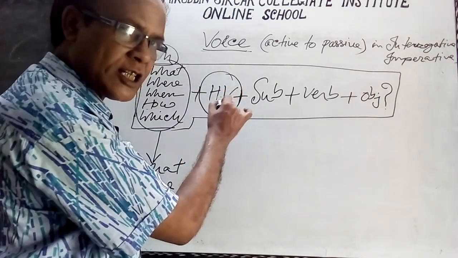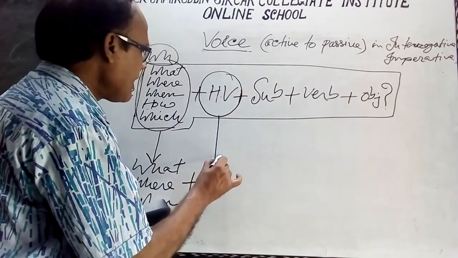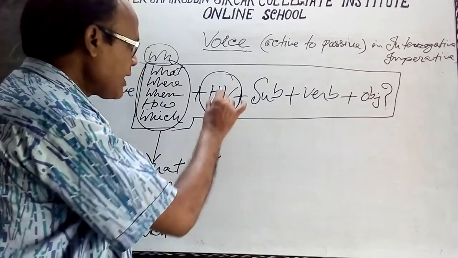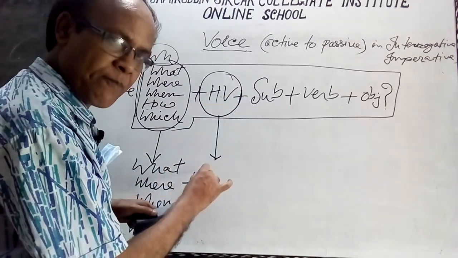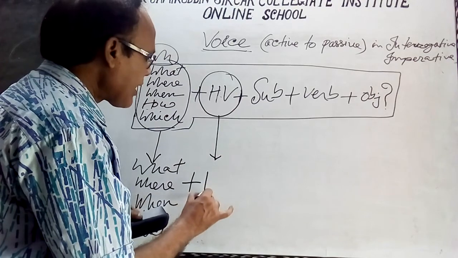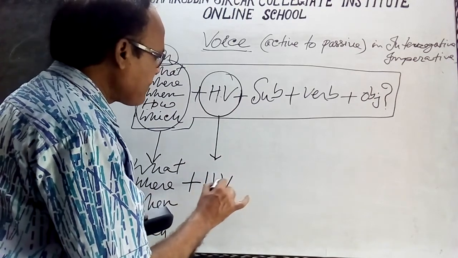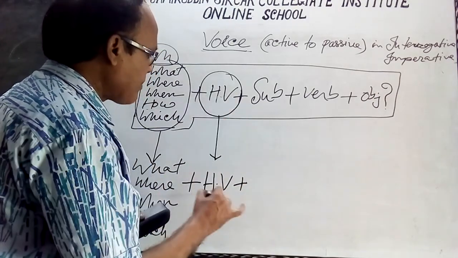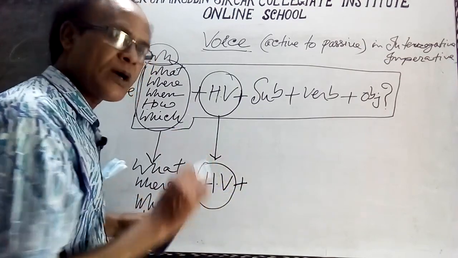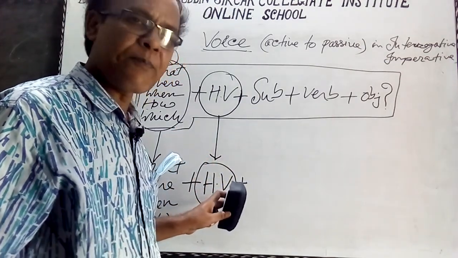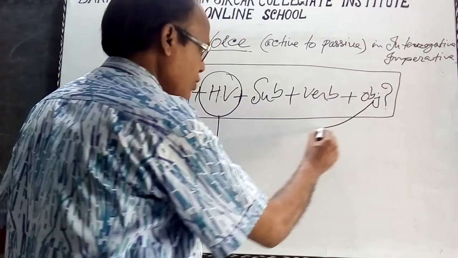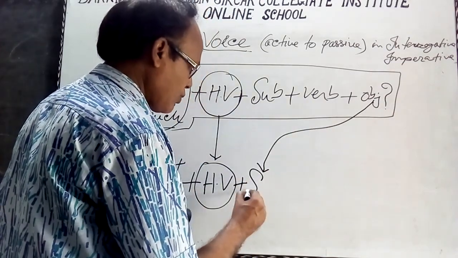If there is do or does, then the helping verb is am, is, are. If there is did, there is was, were. So according to the helping verb in the active voice, we must put the helping verb in the passive voice. Then the object will be the subject.